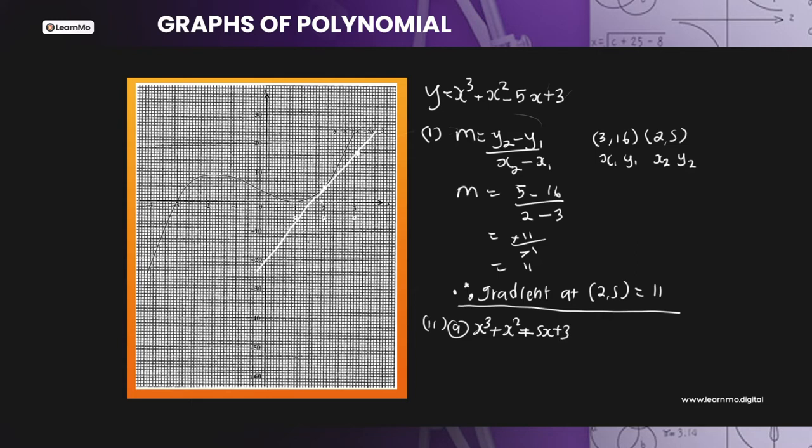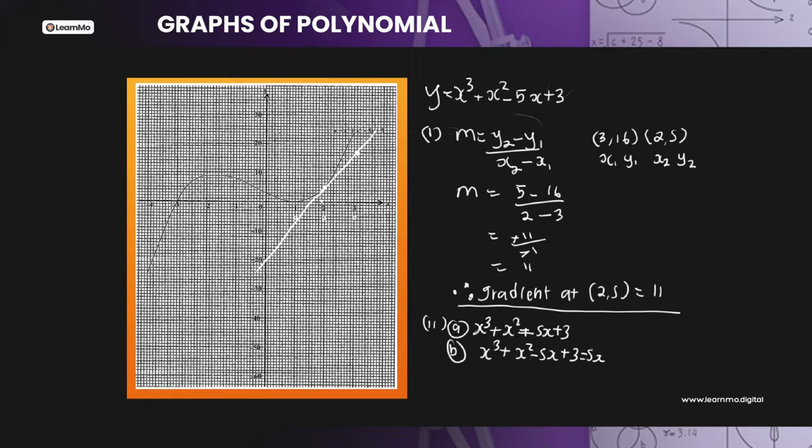Then our b is saying x to the power 3 plus x to the power 2 minus 5x plus 3 is equal to 5x. If we look at our first equation, we can clearly see that this equation is the same as the original equation for the curve.